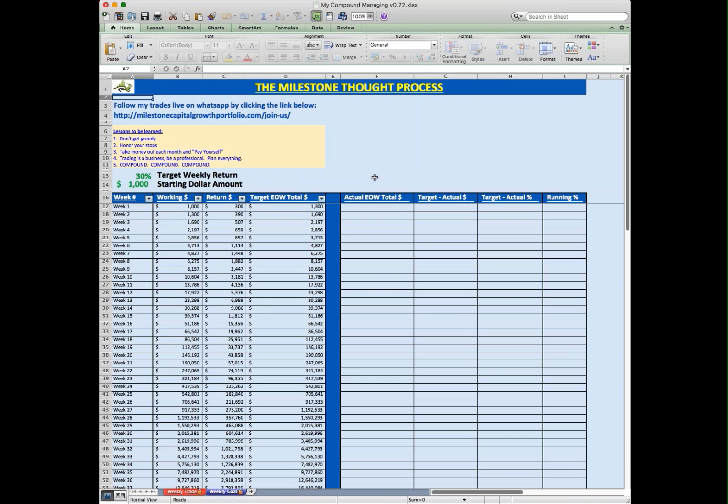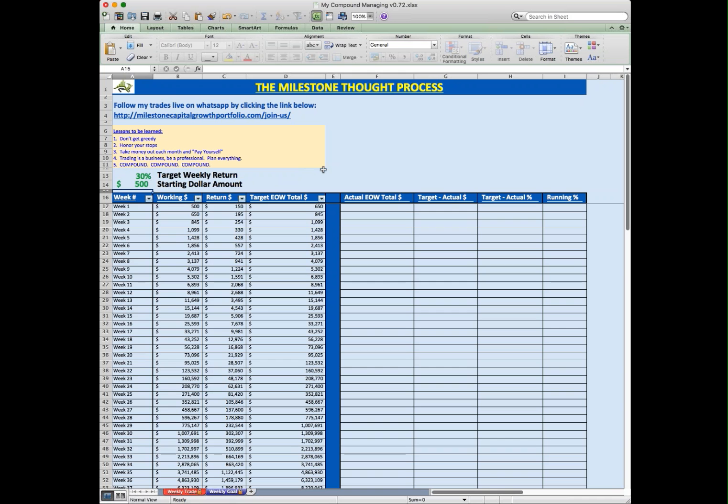Or 5 times. Look, if you start with $500, and you're only taking 30% per week, and you know how many trades I put out, anywhere from 15 to 20 trades out there, all you need is 30% for the entire week.